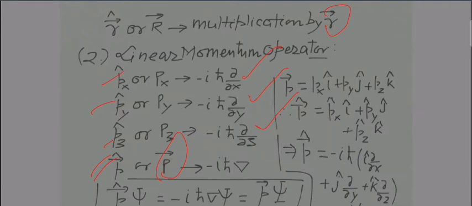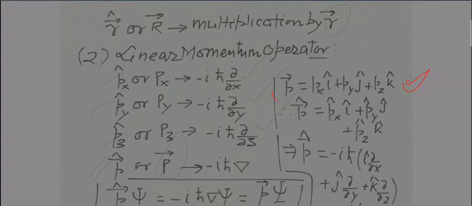So clearly you can see one thing over here, that p will be equal to px i cap plus py j cap plus pz k cap. You have learned this. Now when I take the hat, suppose I convert it into an operator, then what will happen?